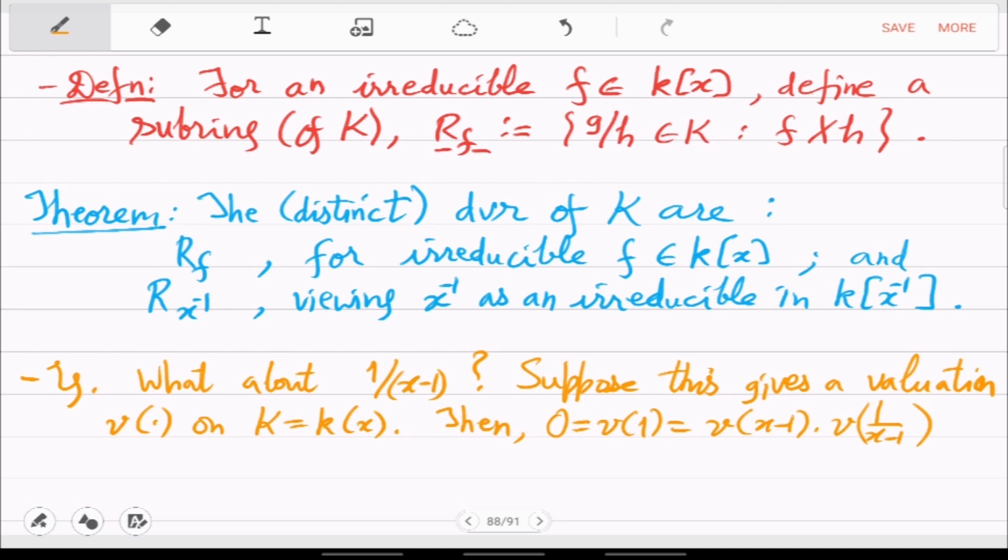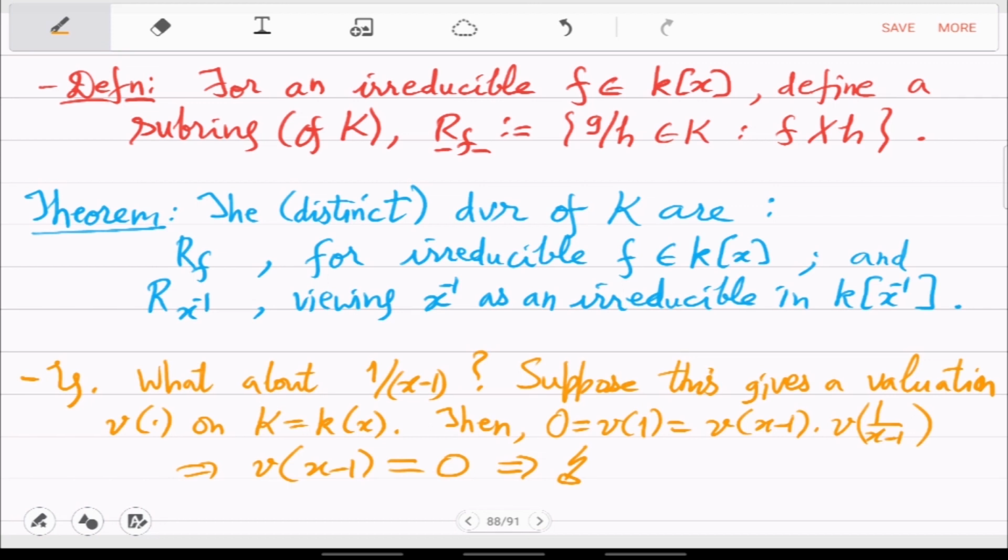But this is getting weird. So valuation of 1 has to be 0, which means this has to be 0, which is a contradiction. But why can't we do the same thing with 1 over x? When you say 1 by x minus 1, you're doing K of x minus 1 inverse, like x minus 1 is just a symbol.